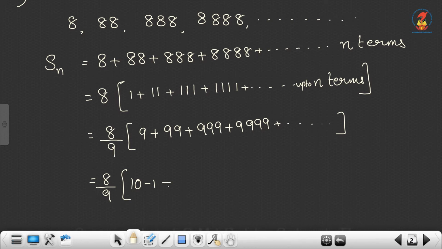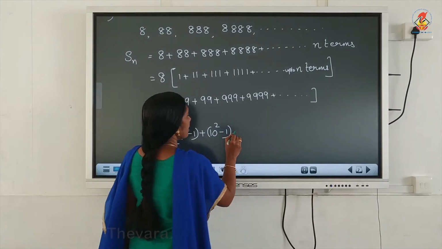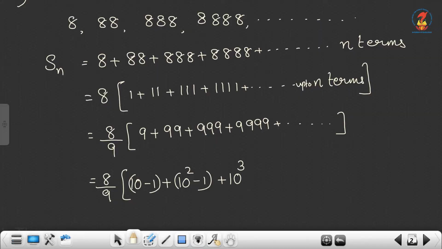Okay. Then 99 is 10 square minus 1. Isn't it? 10 square is 100, 100 minus 1 is 99. Then 999 is 10 cube, that is 1000 minus 1. Then next will be 10 raised to 4 minus 1. Okay. Like that up to n terms, that is 10 raised to n minus 1.